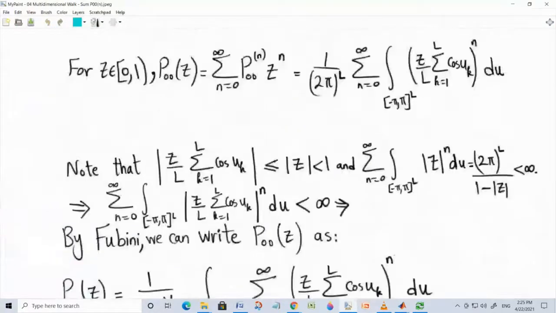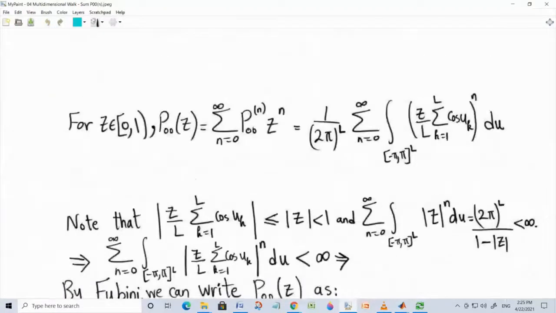So the sum. This is the generating function. We know now that generating functions are very useful. By Abel's limit theorem, we know that the summation of p_00 can be obtained by taking the limit as z goes to 1 of something like this.